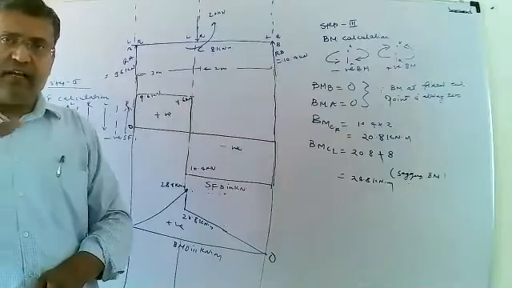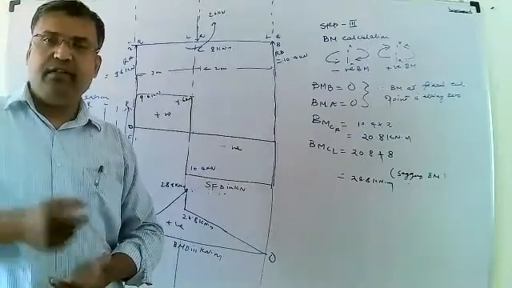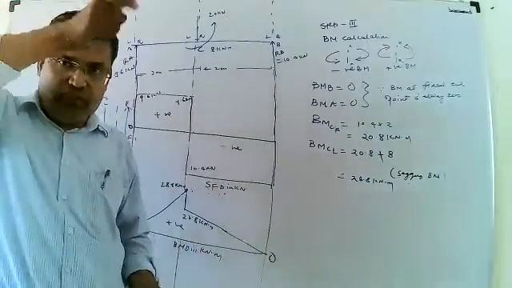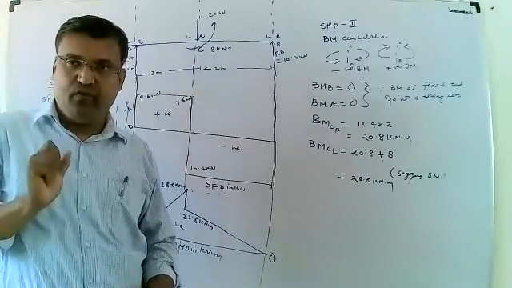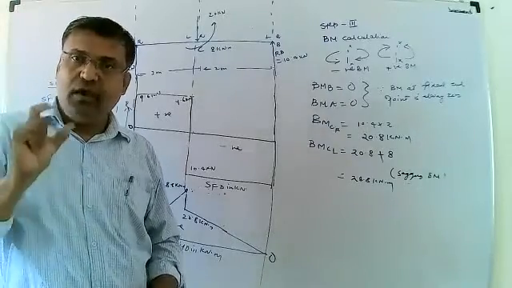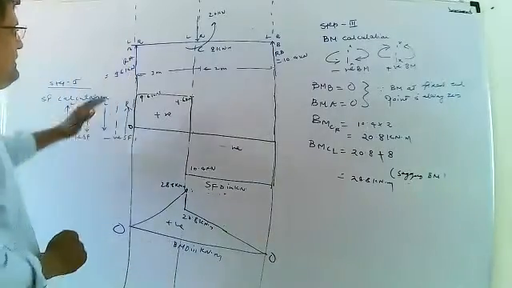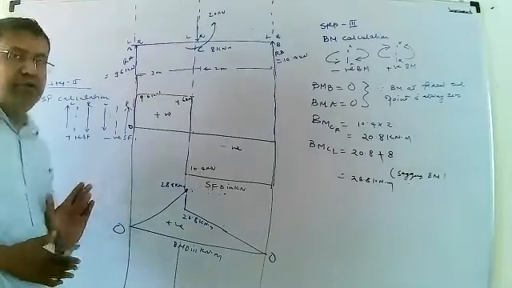If the direction of the couple is clockwise, at that point the line will rise. Okay, this is the simple way to draw SFD and BMD.